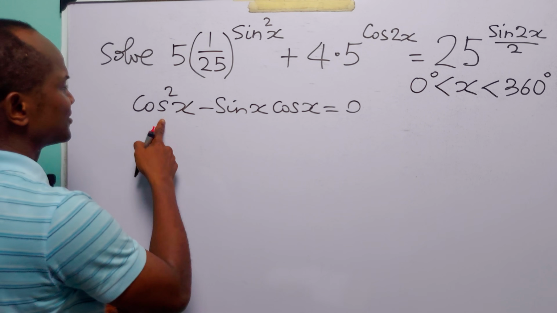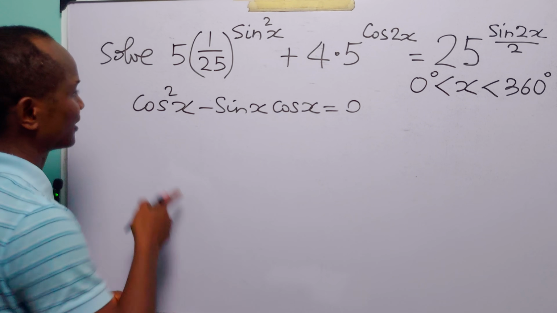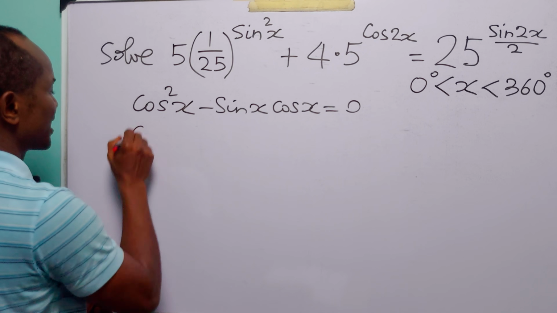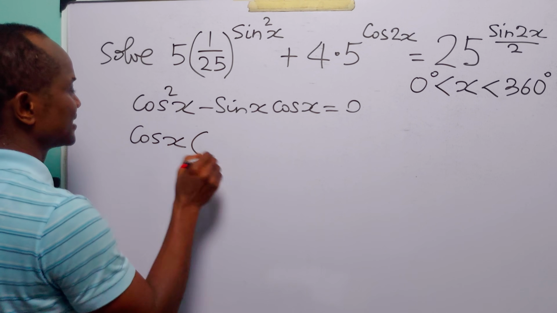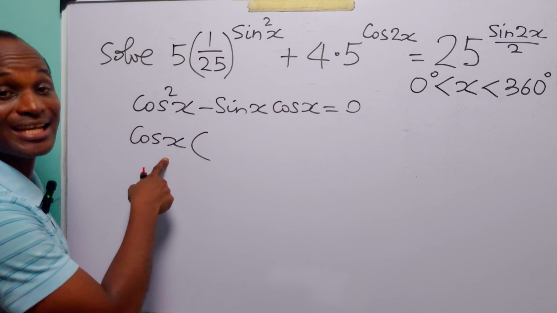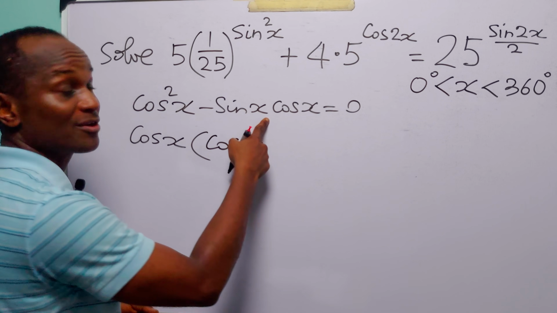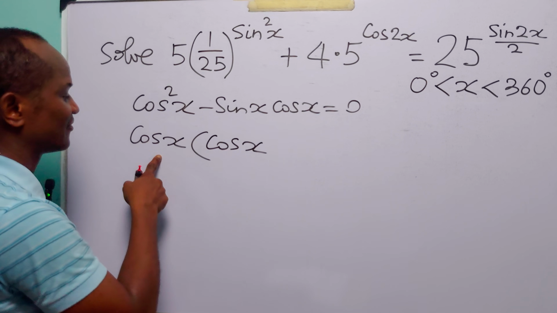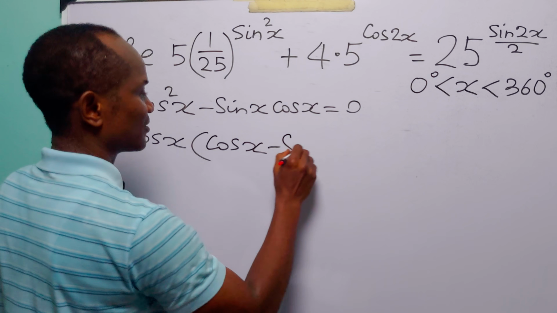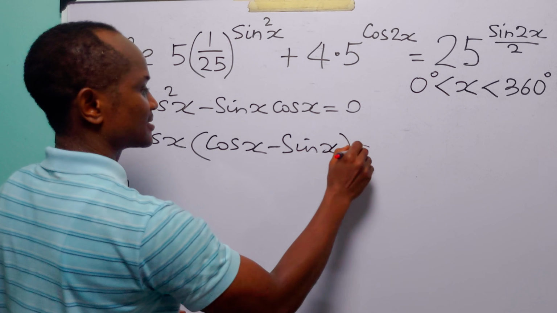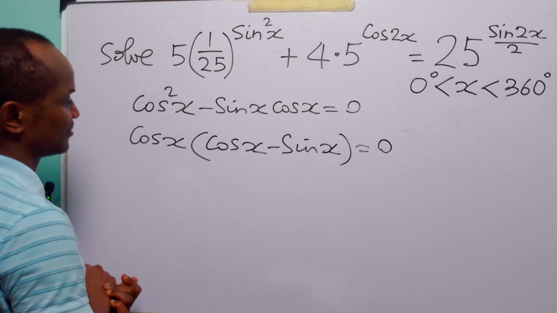Now, when you look at these two terms, you're going to see a common factor, which is cos x. So we have cos x into cos squared x divided by cos x is cos x, and minus sin x cos x divided by cos x is minus sin x. This is equal to 0.